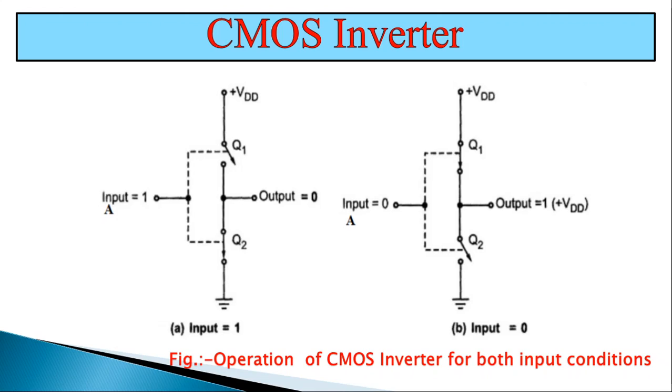This produces output voltage approximately plus VDD as shown in figure B. That means when input A equal to 0 volt, the output is equal to 1 or nearly equal to plus VDD or supply voltage.